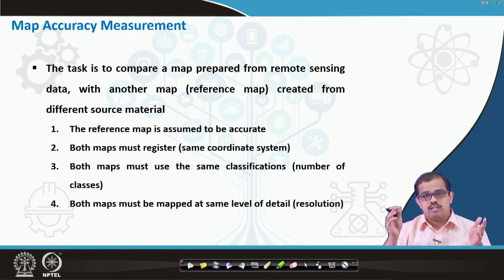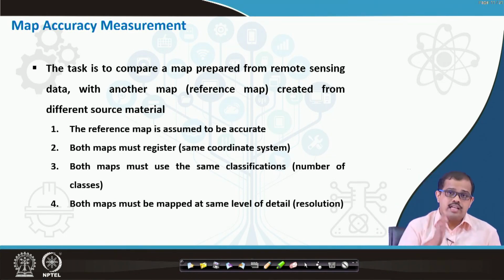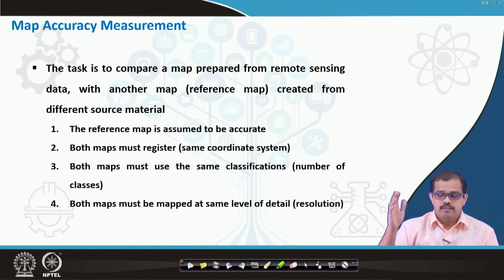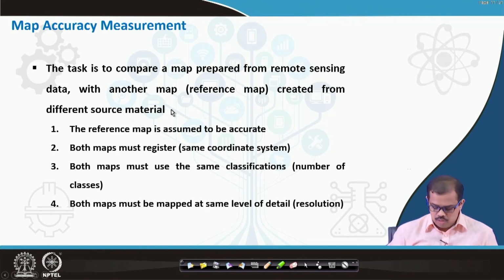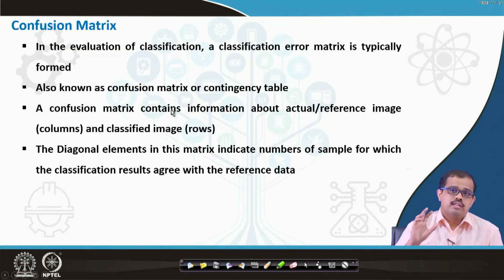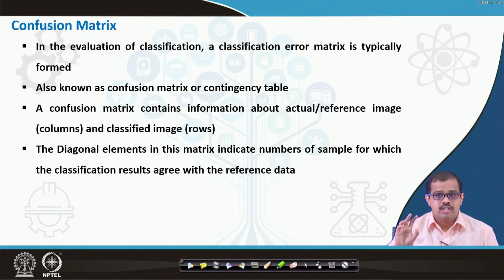Okay. That is what we mean by a classification map or user map and a reference map. Now, if this is understood, then the first way of looking at it is using a confusion matrix, or very well known as an error matrix.